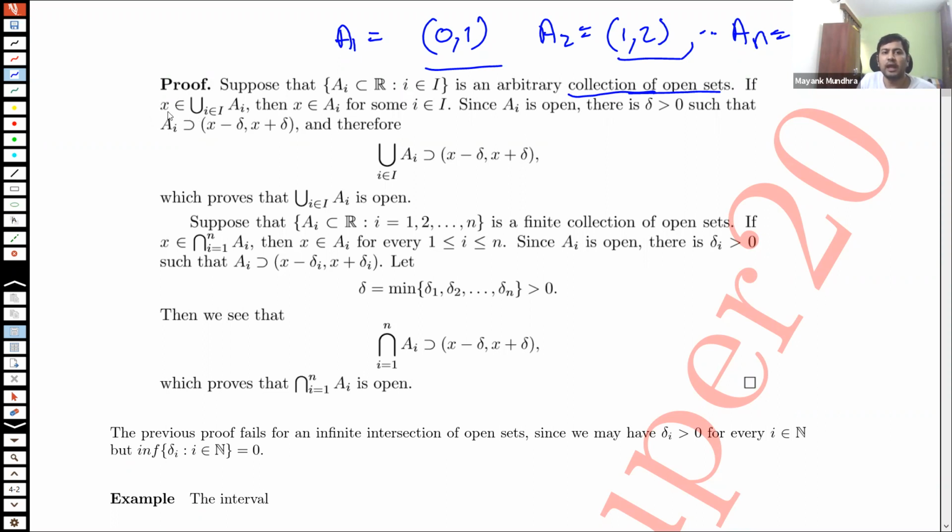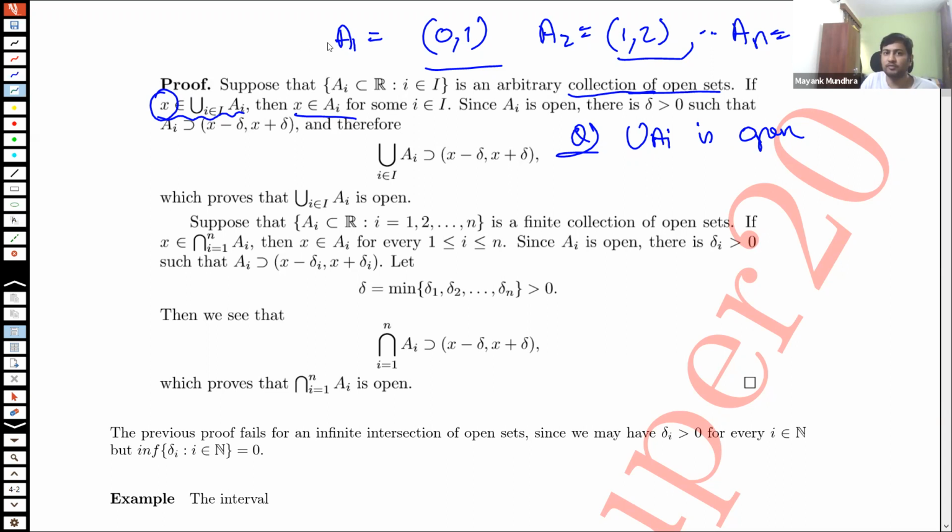Now, if any element x belongs to the union of A_i, so what am I checking right now? I'm checking if the union of A_i is open. So how do I proceed with the proof? I take any arbitrary element in the union of A_i. Since this random element x belongs to the union of A_i, it belongs to some of the components of these sets.